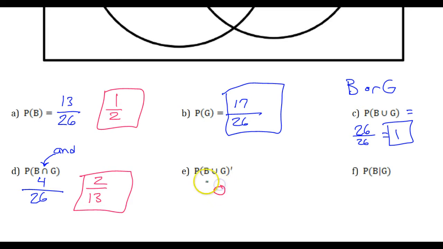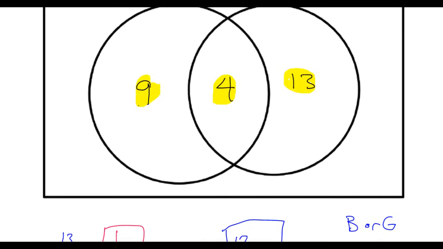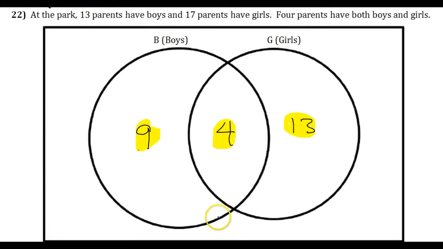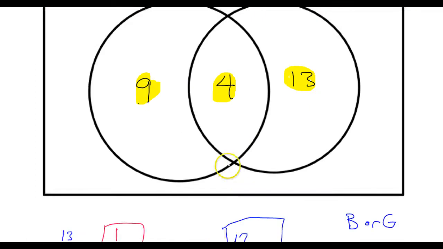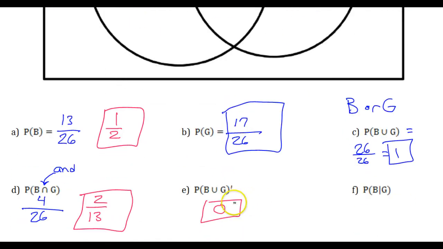Well, that's going to be 0, because according to this problem at the park, it doesn't mention anybody that doesn't have a kid. So you either have a boy or a girl, or you're not a parent. So 0% of the people have neither a boy nor a girl.